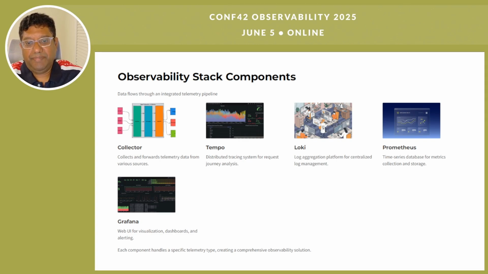Loki is a log aggregation platform for centralized log management. Prometheus is a time series database for metrics collection and storage. At the end, Grafana gives a web UI for visualization, dashboards, and alerting.